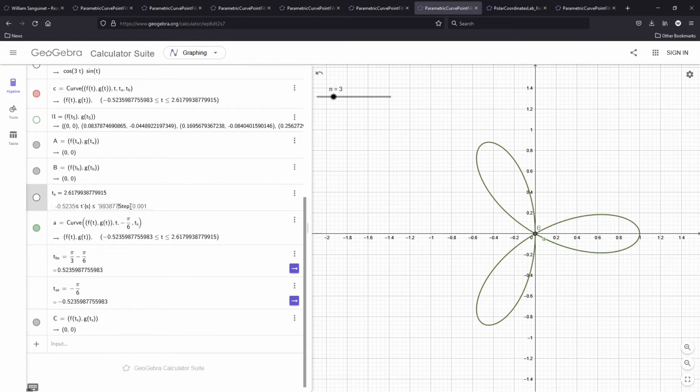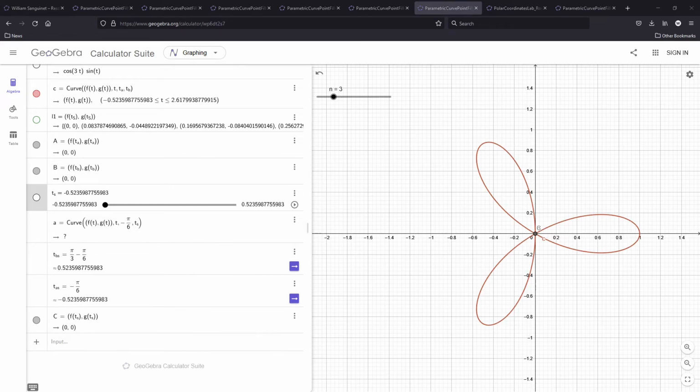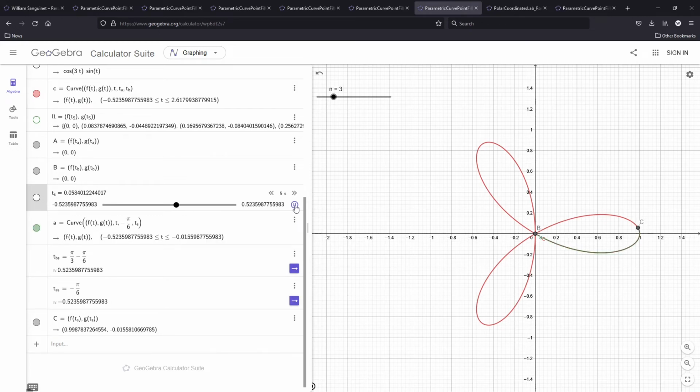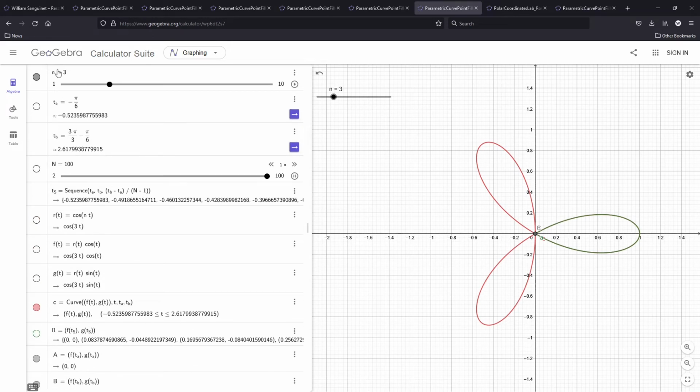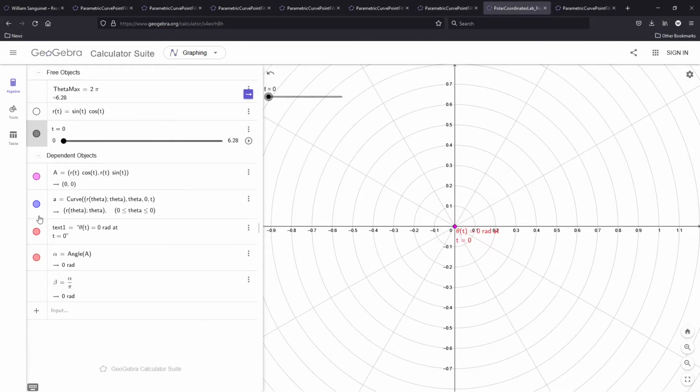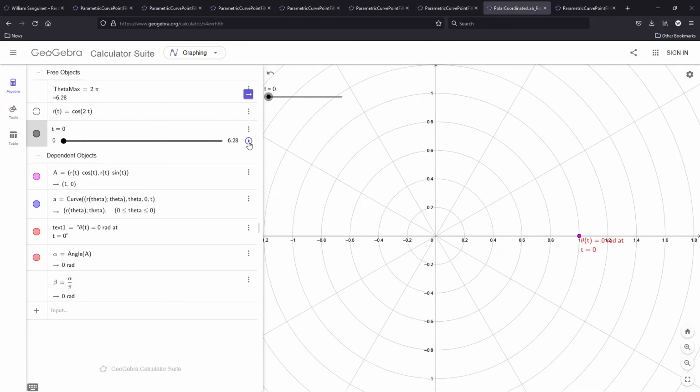So I just plotted out the full curve. One petal of the rose curve will now look like this. Now I want to be clear, this is the rose curve for the value of n equal to 3. But we can certainly study it for different values of n. So for instance, consider what it looks like for the value of n equal to 2.